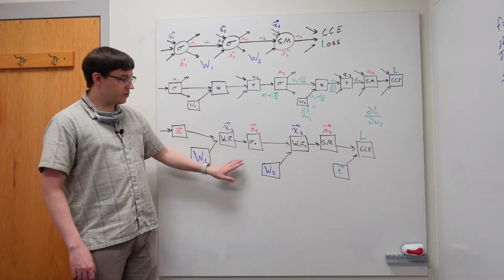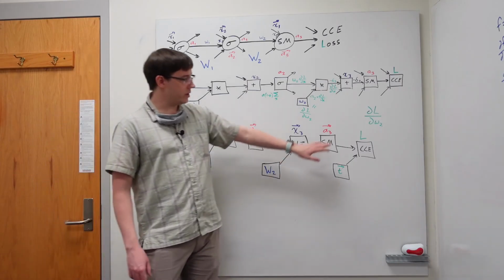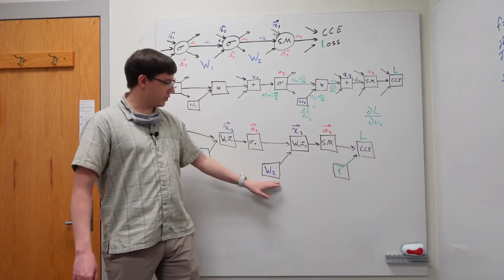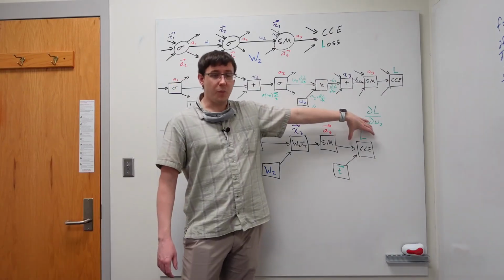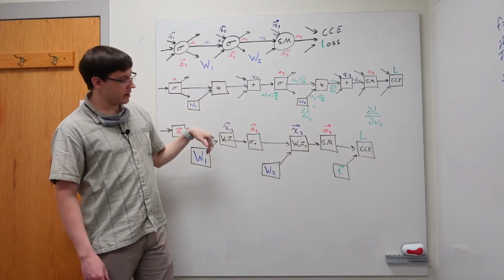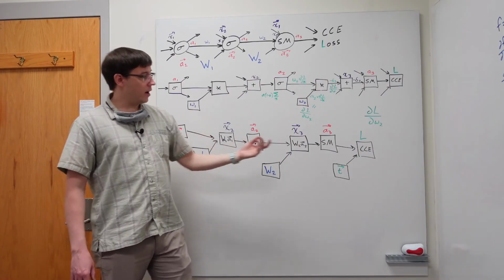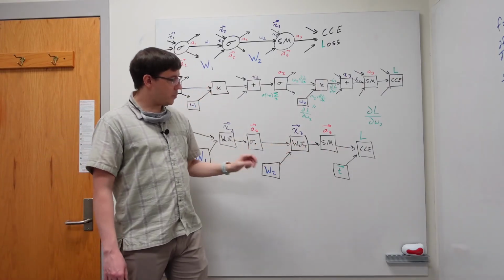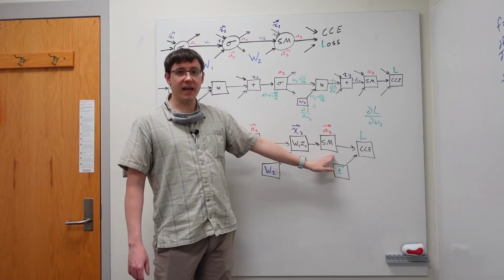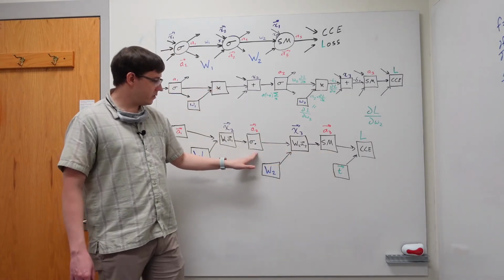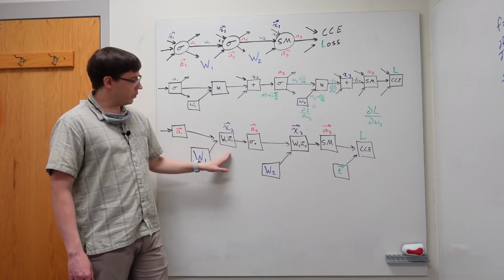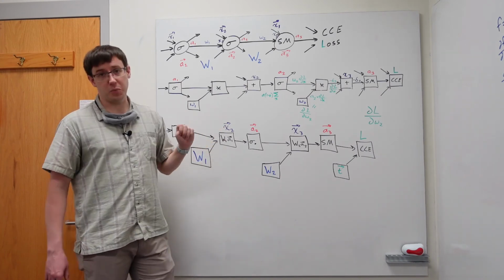If we want to use this computational graph to compute the gradient of the loss with respect to the network's weights, then to pass the derivatives backwards through the network, we need to apply the chain rule at every step, and we need to know how to take the derivative of each of these intermediate variables with respect to their inputs.